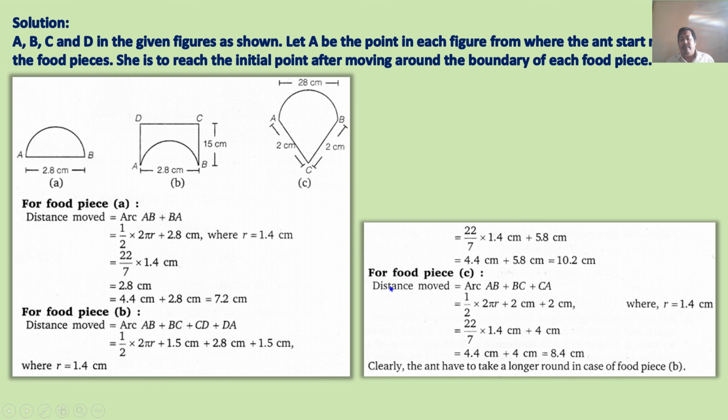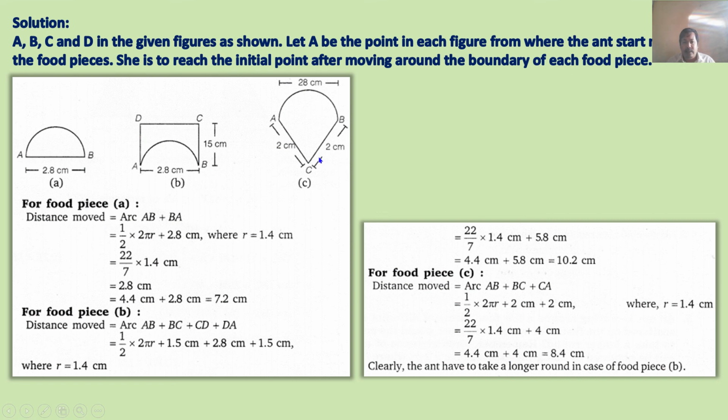Okay, and for foot C, you see the distance moved by the end is arc AB plus BC plus CA. Here you see the diagram. Now this part will be the same as before. We have already calculated half of the circumference, which gives 4.4 centimeter, plus BC. BC how much?